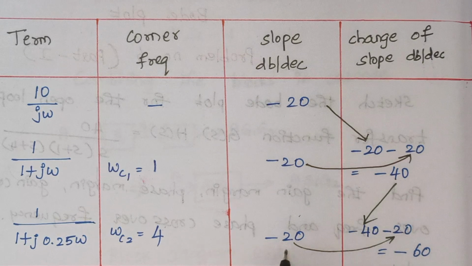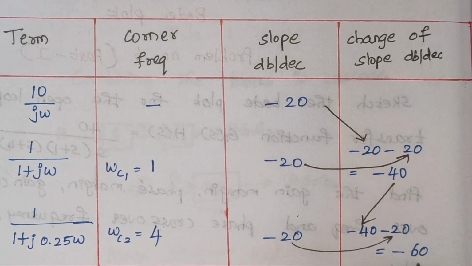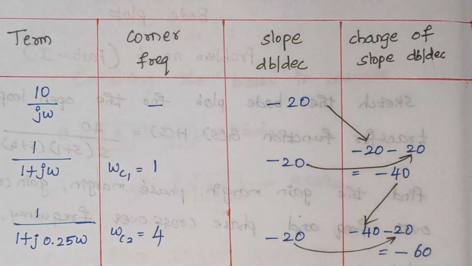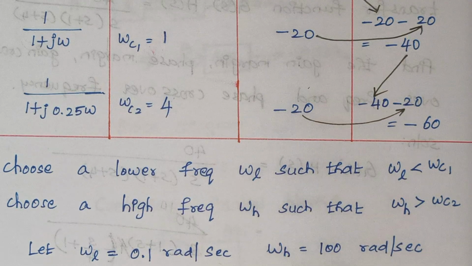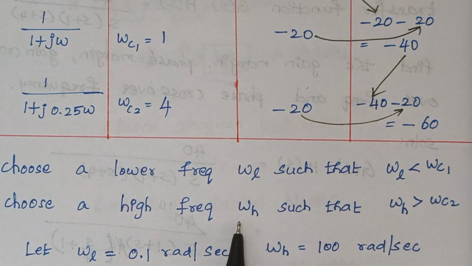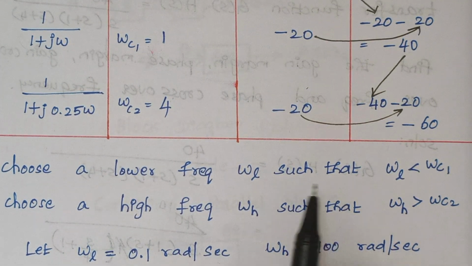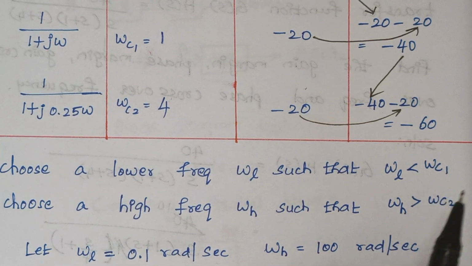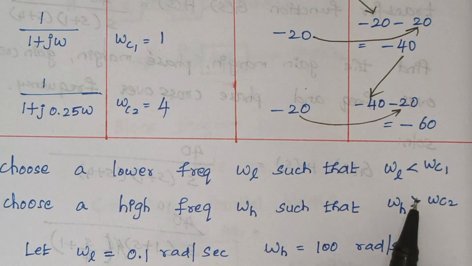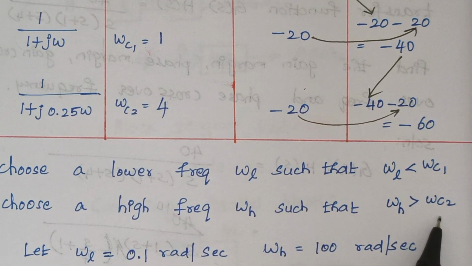This minus 40 and again this minus 20 gives you minus 60 decibel per decade. The next step is we have to select two values of frequencies, omega L and omega H. This omega L value should be less than our first corner frequency and this omega H value should be greater than our second corner frequency.